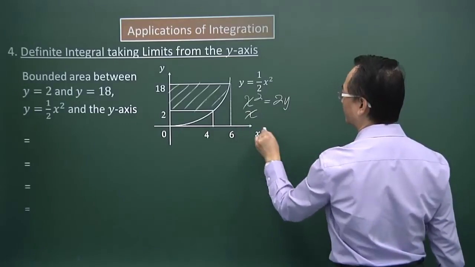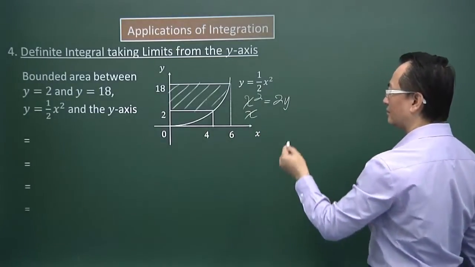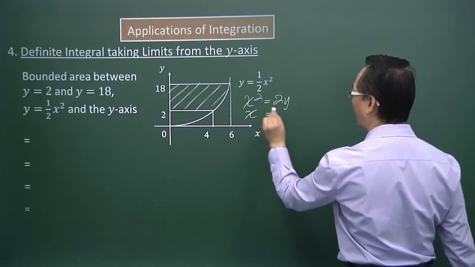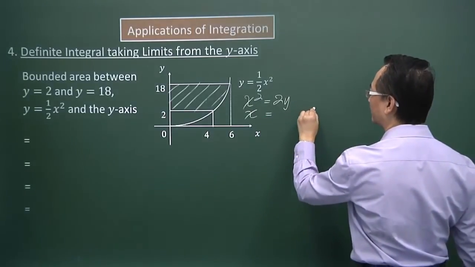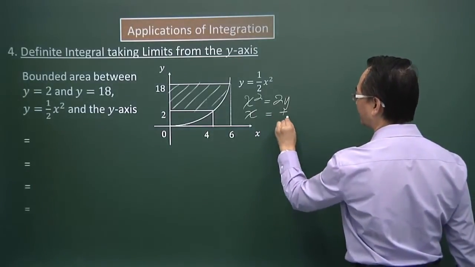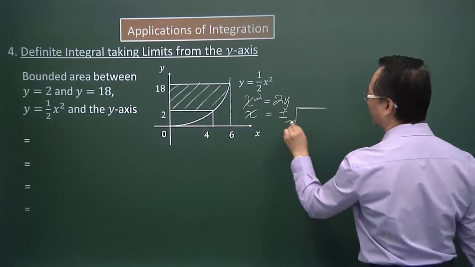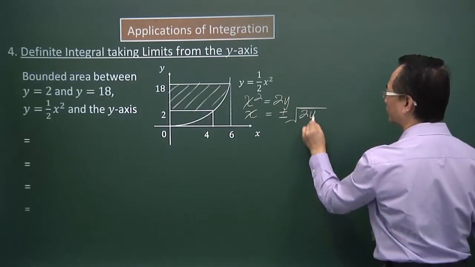Then to square root both sides, I will have plus or minus of square root of 2y.